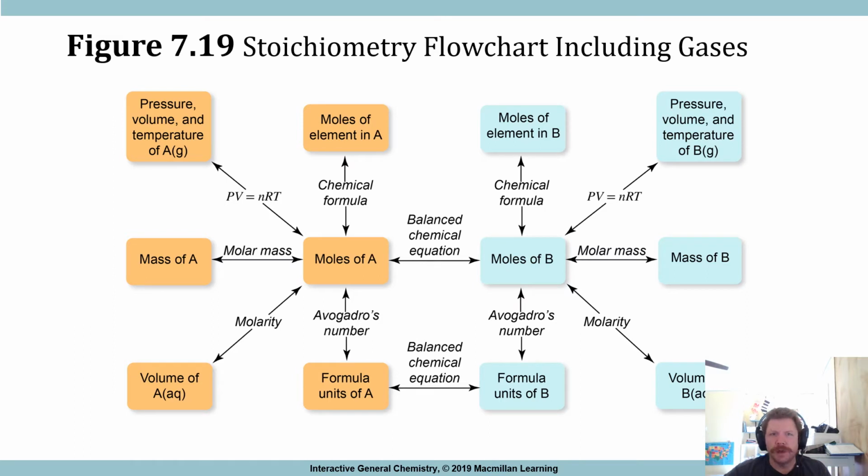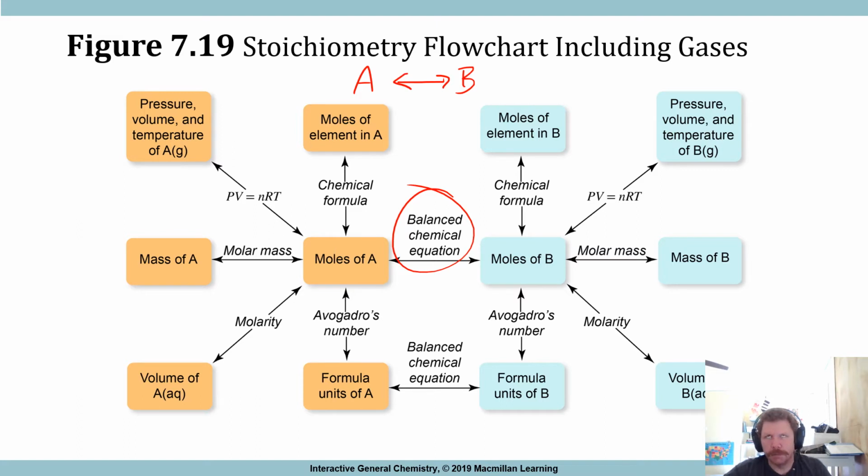Now, here what we've got is this somewhat complicated flow chart that shows us relationships. So essentially at the center of it, we've got a balanced chemical reaction, and that will allow us to look at the reaction of A going to B and in reverse as well.